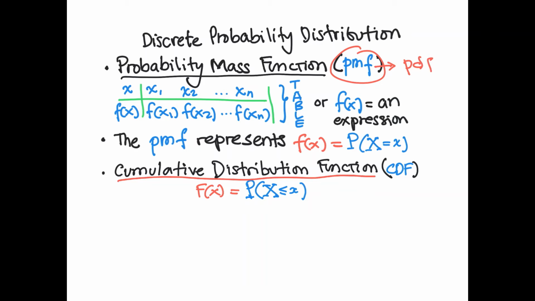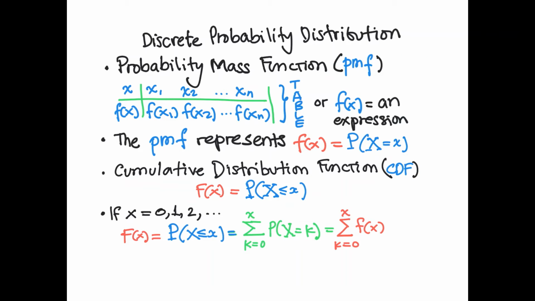There's an old name that used to be given to these functions that stands for probability density function. The cumulative distribution function is CDF, and that represents the probability that the random variable X is less than or equal to a certain value x.